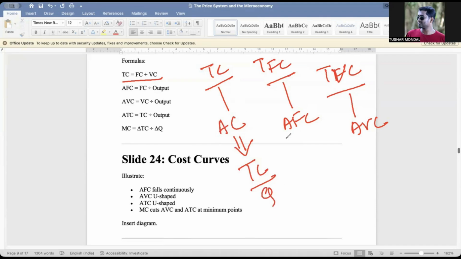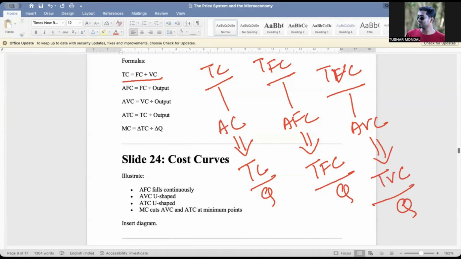Average fixed cost equals total fixed cost divided by quantity, and average variable cost equals total variable cost divided by quantity. Correct. So three conversions: total cost to average cost, total fixed cost to average fixed cost, total variable cost to average variable cost.